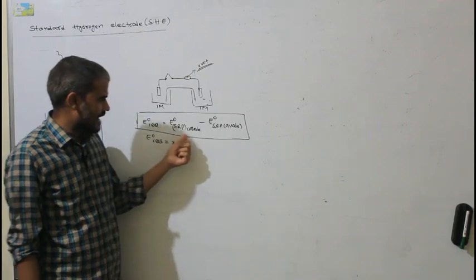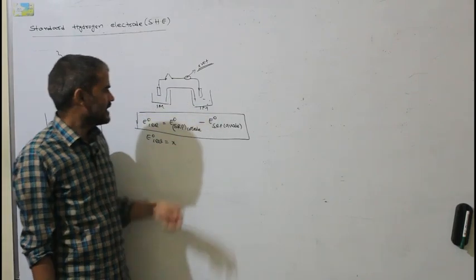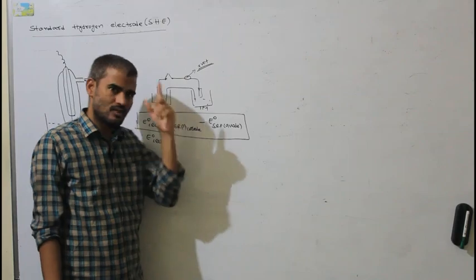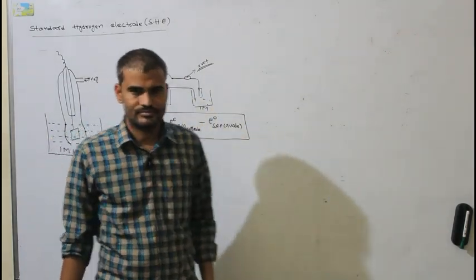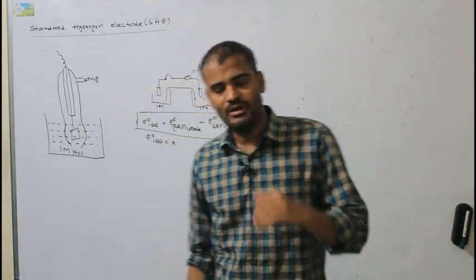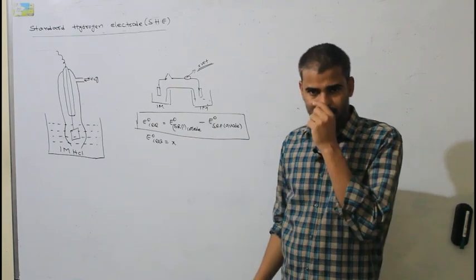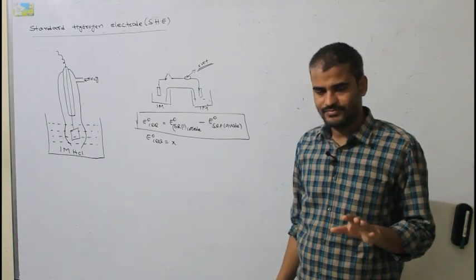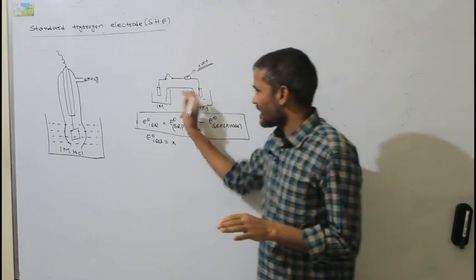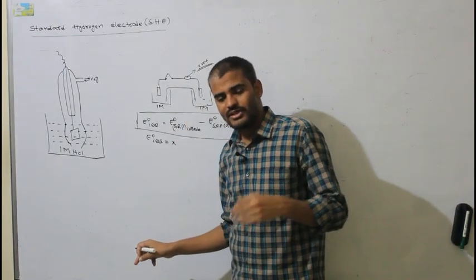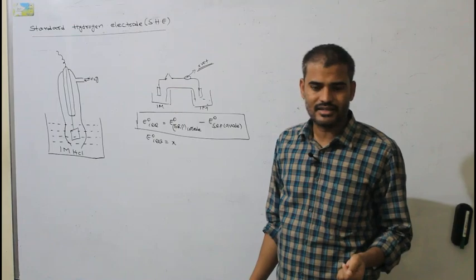So to know their values, among these two half cells we need one cell as a standard one. Standard one means known concentration, known reduction potential. If one is known, the other unknown electrode reduction potential value can be calculated very easily.